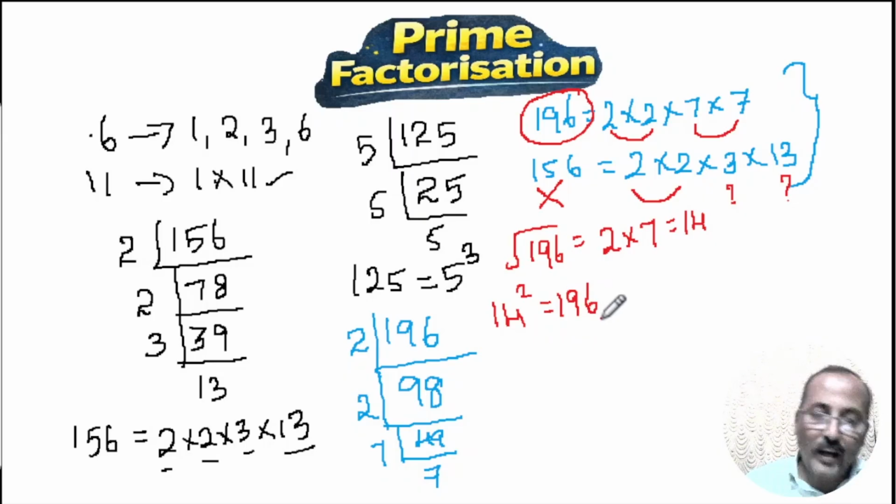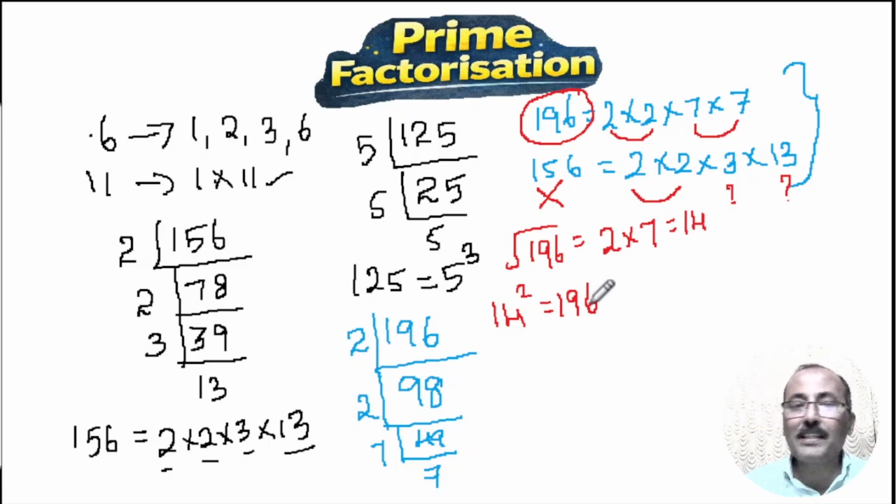When you take the square root, it will become 14. In the previous videos we have seen how to check whether numbers are perfect squares or not. Here, after checking whether the numbers are perfect squares or not, one more step we are going ahead. What is that? Finding the square root. Are you clear?